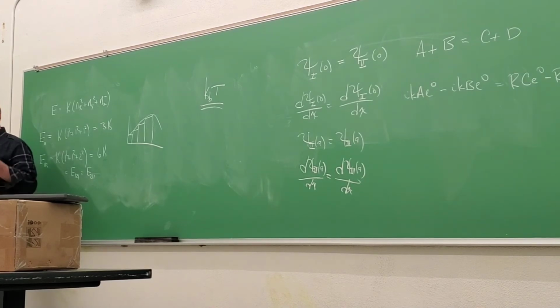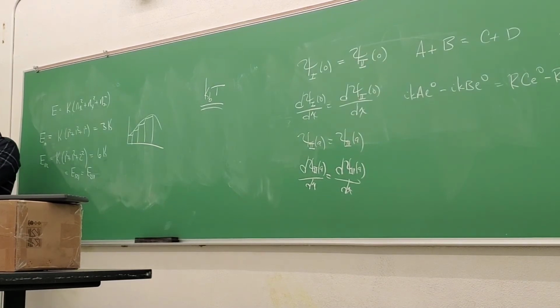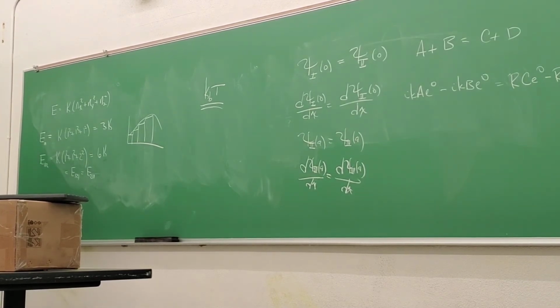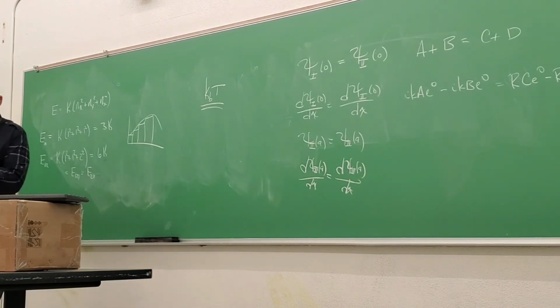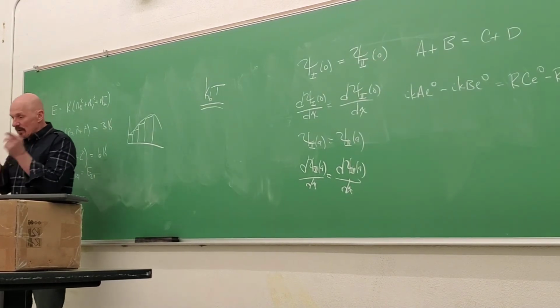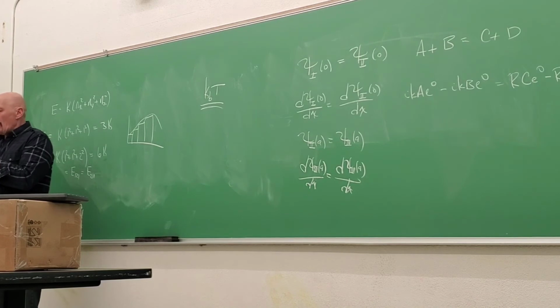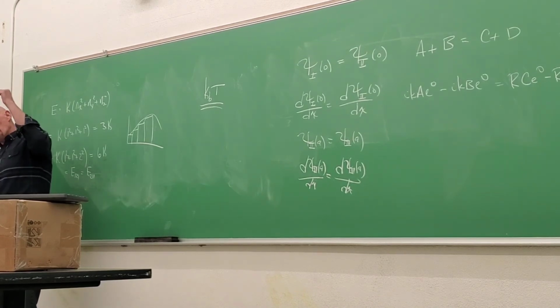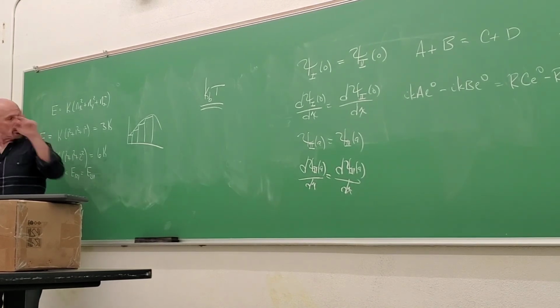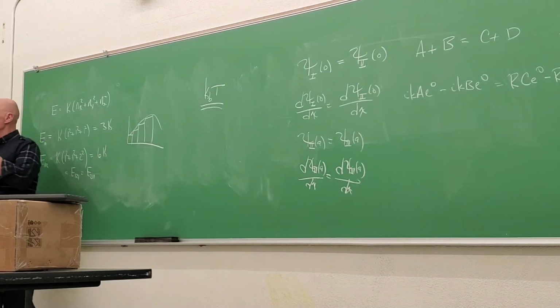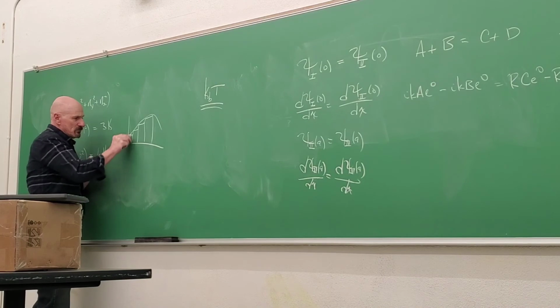Are the quantum levels of a particle in this room, and I'm going to make it a 1 cubic millimeter box, which is gargantuan to an electron, so I'm going to actually use a helium atom, are the quantum levels this far apart, or in other words, big? Or are the quantum levels very, very close together, which would make this continuous?